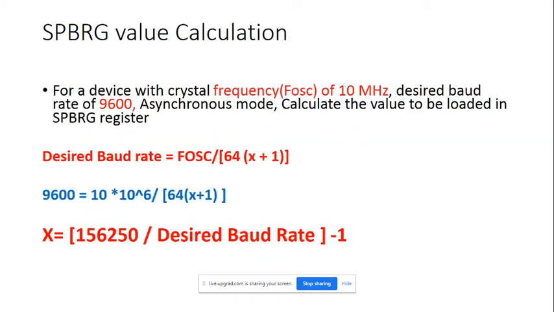Now we take one example of how to calculate the baud rate. For example, we consider a crystal frequency of 10 megahertz and a desired baud rate of 9600. You can choose any one as per your choice. I am just selecting 9600, asynchronous mode. Based on this, I want to calculate the x value.